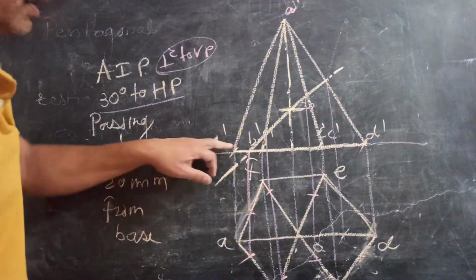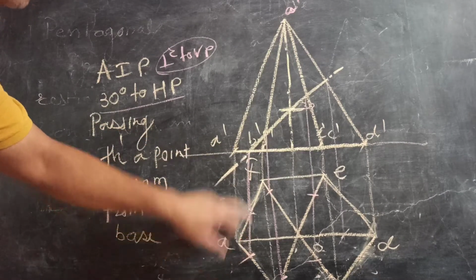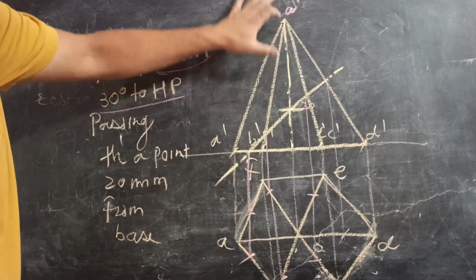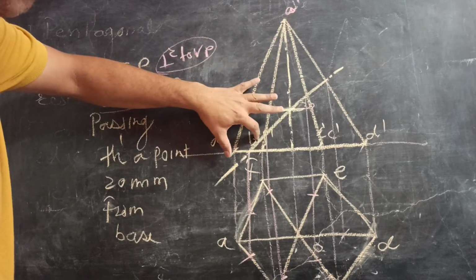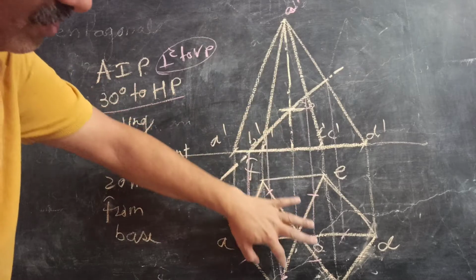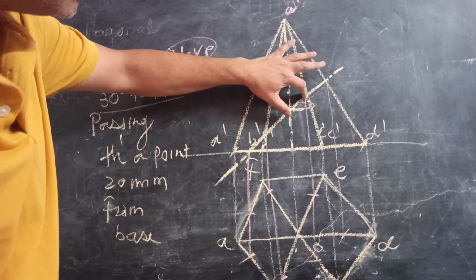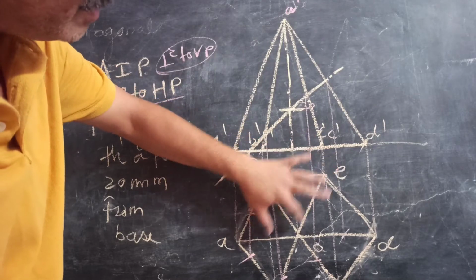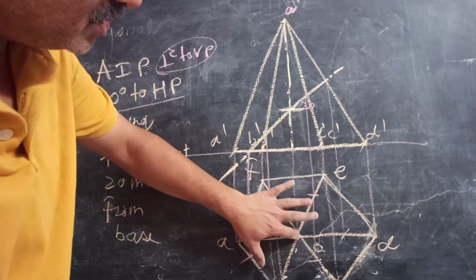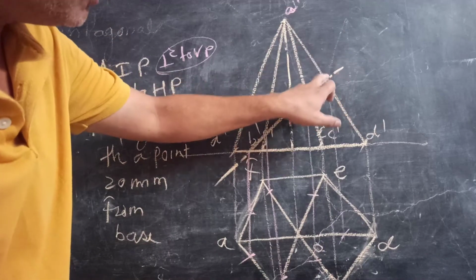Here the base is cut, so we have projected it to the base. Here the slant edges OB and OF are cut, so we can project OF and OB. Here OE and OC are cut, so they can be projected to OE and OC. And here the slant edge OD is cut, so you can project it.